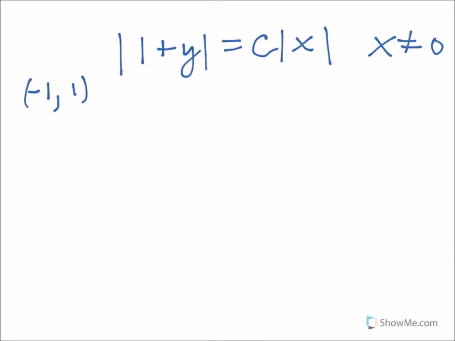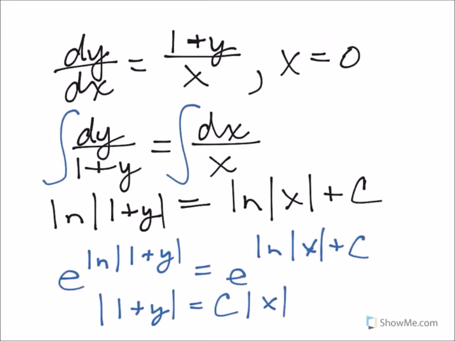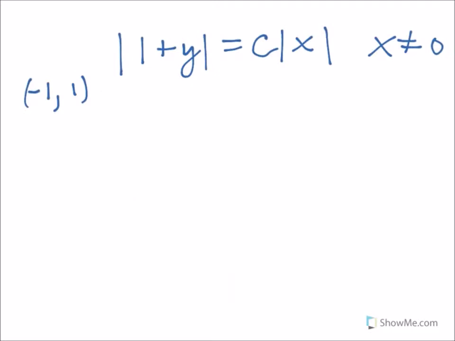Okay, if we back up to the other page, and we look at this expression right here, the e to the ln of the absolute value of x plus c, that quantity cannot be anything but positive, which means c times the absolute value of x must be a positive quantity. Okay, so this must be greater than 0. Now, if that's greater than 0, then the absolute value of 1 plus y must also be greater than 0.